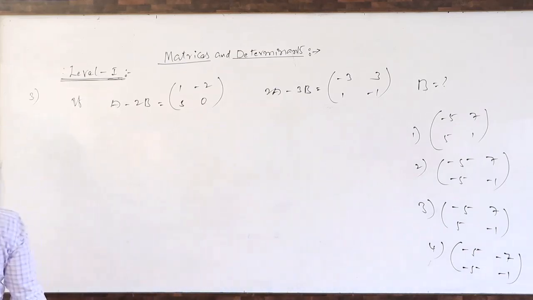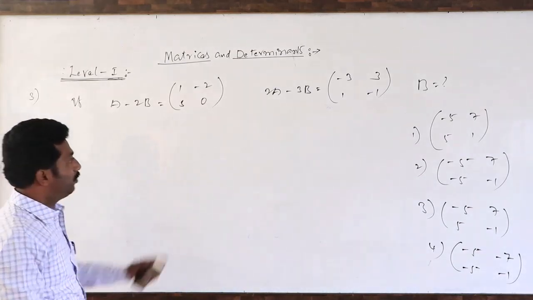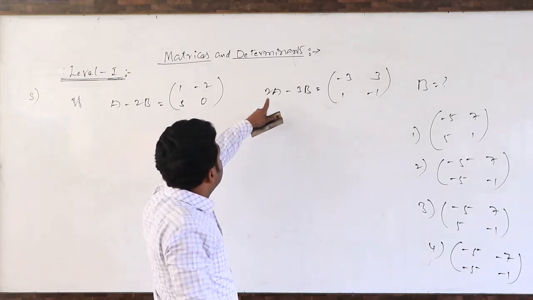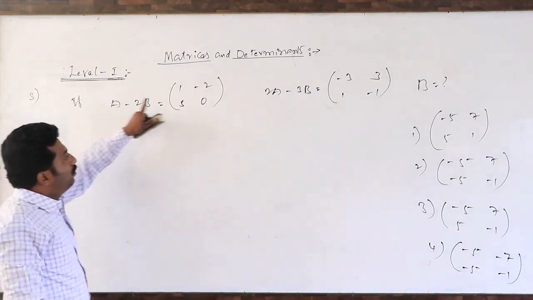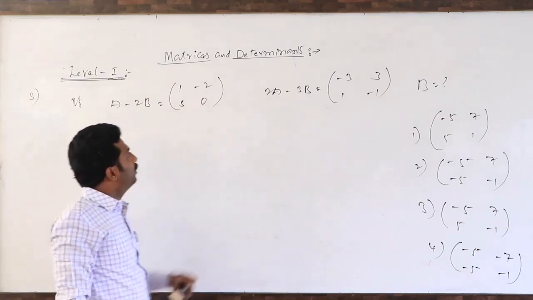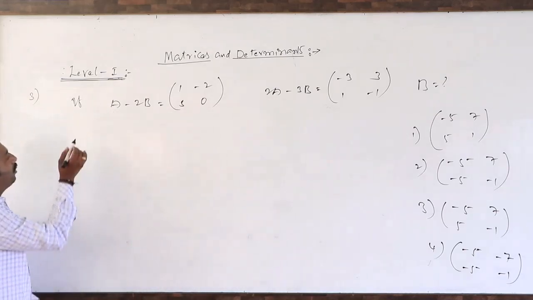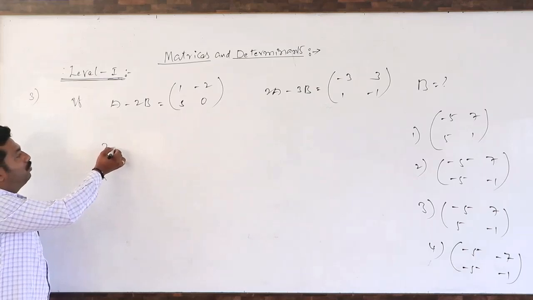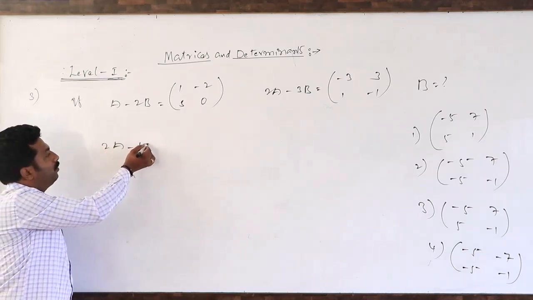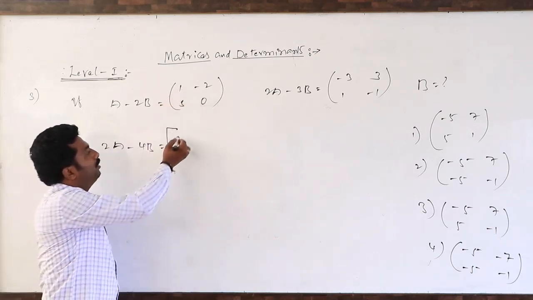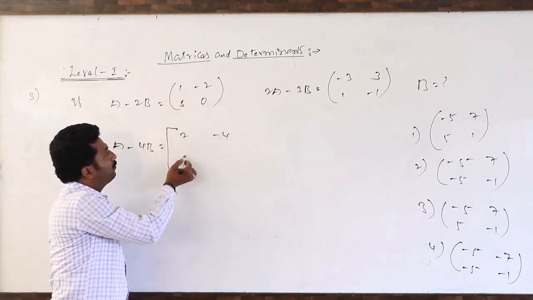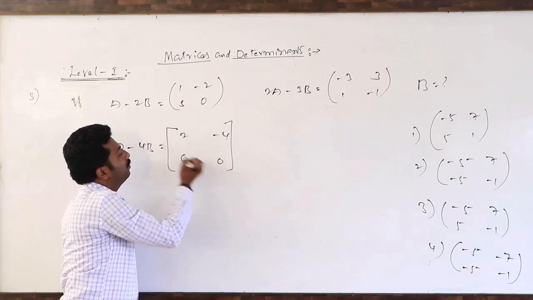So which one we have to identify? See here, only B we require, means the A matrix we have to eliminate. Here A coefficient is 1, here 2A is there. So we multiply this with 2. So 2A minus 4B; here also each and every element is multiplied by 2, means 2, minus 4, 6, 0.